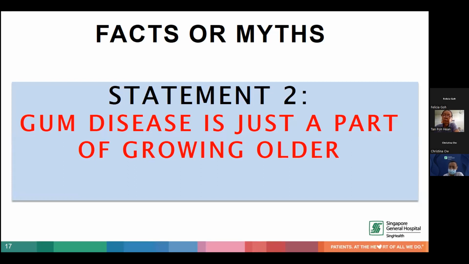With proper brushing and flossing and regular professional cleaning by your dentist, you can reduce your risk of developing gum disease as you age. Regular dental checkups, eating a well-balanced diet, and avoiding tobacco use also lower the risk.